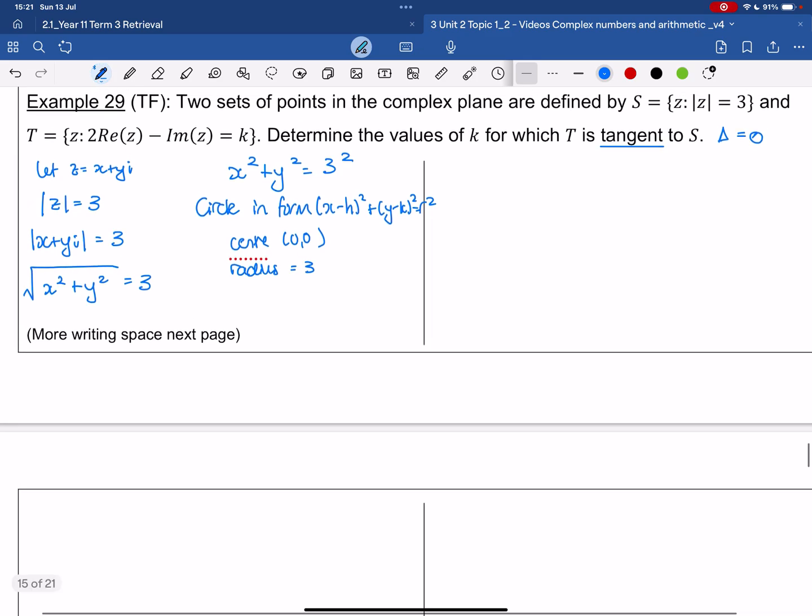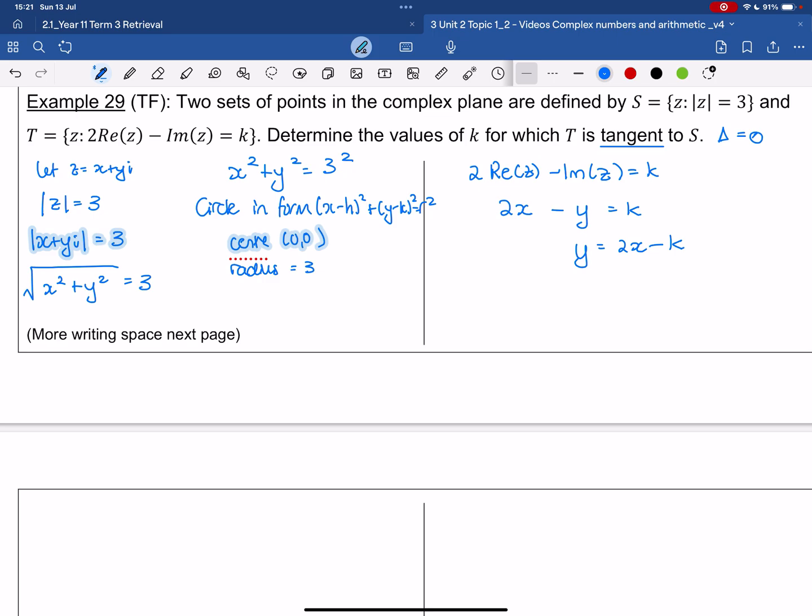Now let's have a look at the other one. We've got 2 times the real part of Z minus the imaginary part of Z is equal to K. Okay, so my Z is equal to X plus YI. So that means I've got 2X minus Y is equal to K. And that means that Y is going to be equal to 2X minus K. Now, what does that look like?